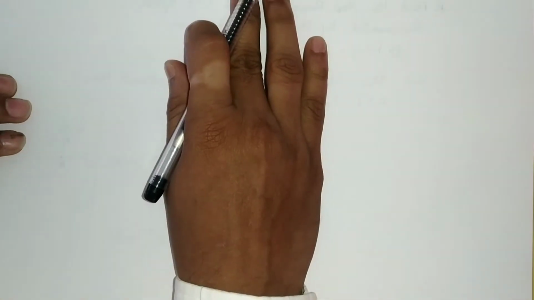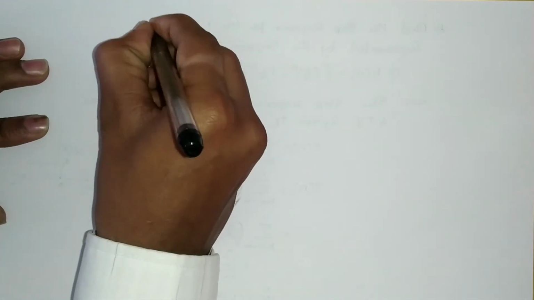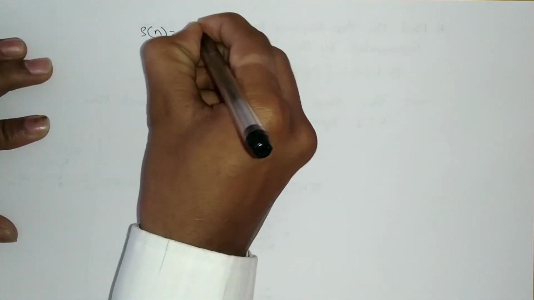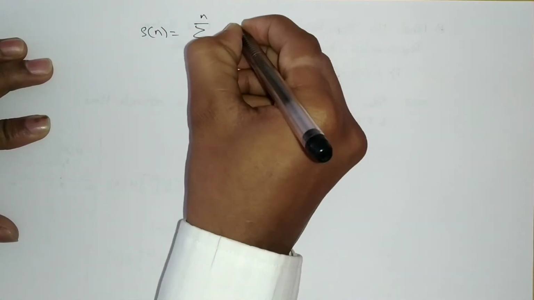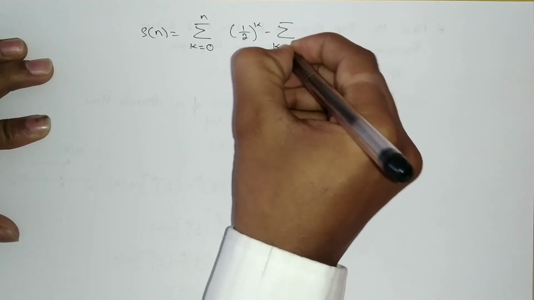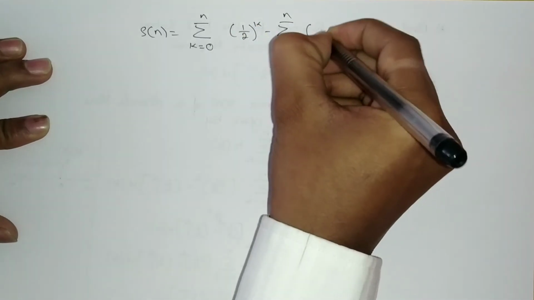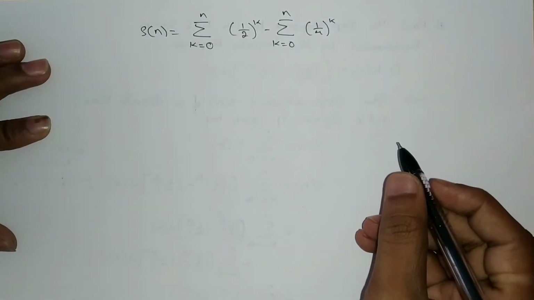Further resolving, s of n will be summation of k equals 0 to n of (1/2)^k minus summation of k equals 0 to n of (1/4)^k. I am just splitting the summation.